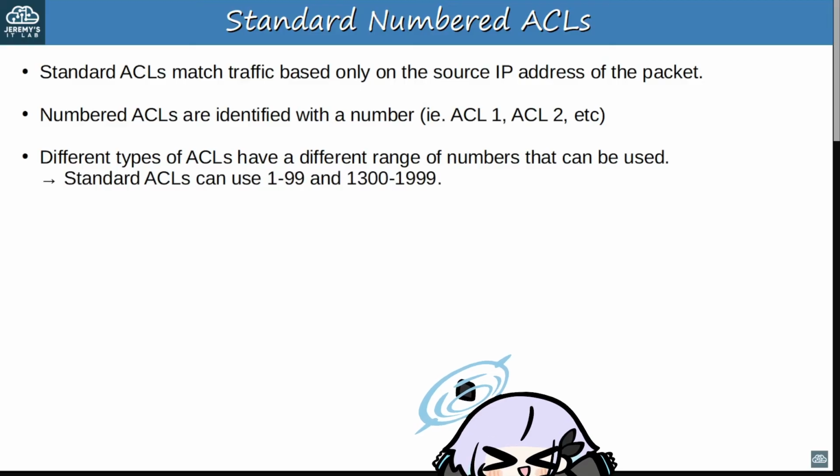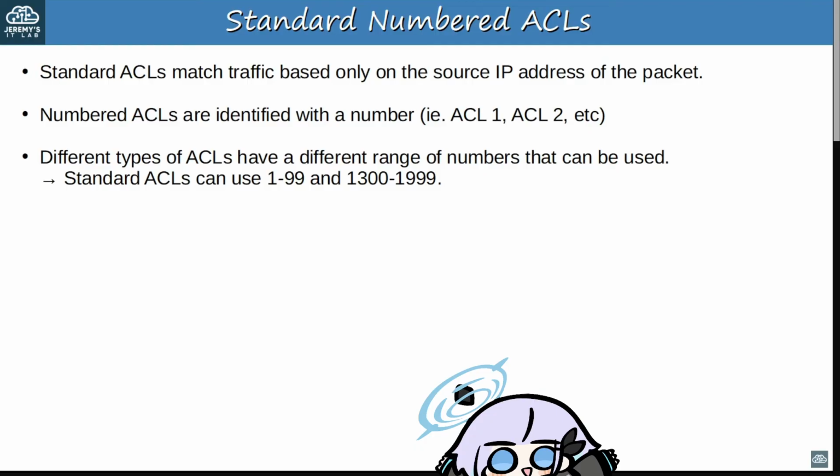Here's an important point. Different types of ACLs have a different range of numbers. Standard ACLs can use 1 to 99 and 1300 to 1999. Originally, standard ACLs could only use 1 to 99, meaning you could have a maximum of 99 standard ACLs on a single router. Later, this was expanded to include 1300 to 1999. So you can't configure a standard ACL with the number 100, for example.